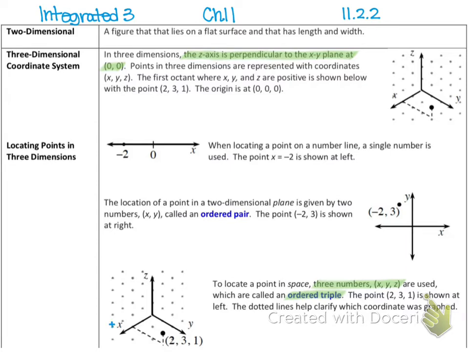We start from the origin, 0, 0, 0, and move 2 units, because the point has a 2 for the X. So there's 1 and then 2. That is my first location. I wouldn't plot that point just yet, because I still need to do the rest of the ordered triple.